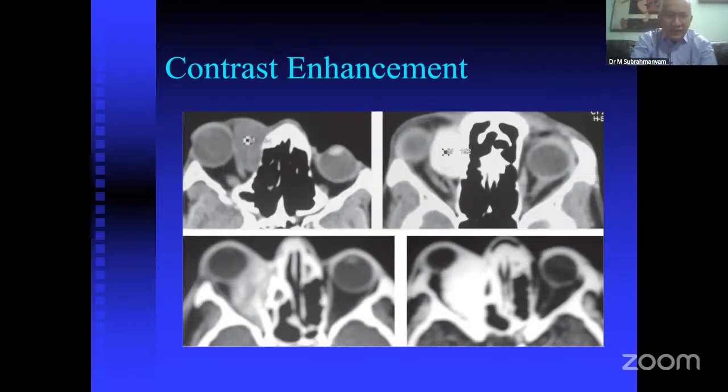If you are looking at a tumor, you want to know, because if there is a severe contrast enhancement, as you can see here, and similarly in this picture, there could be a lot of bleeding during the surgery, and you may require to keep 1 or 2 units of blood before you start your surgery.